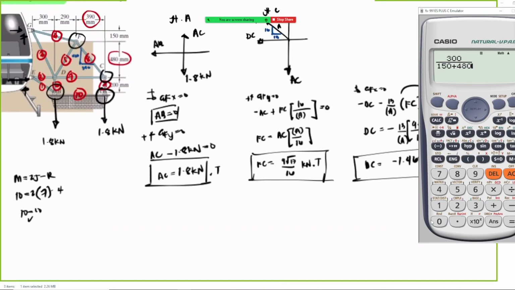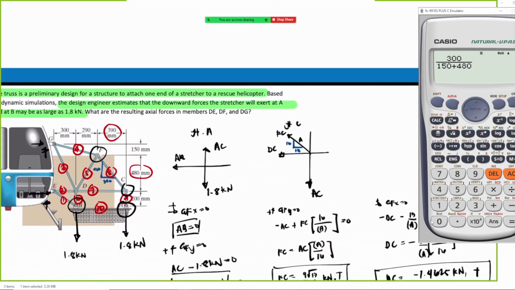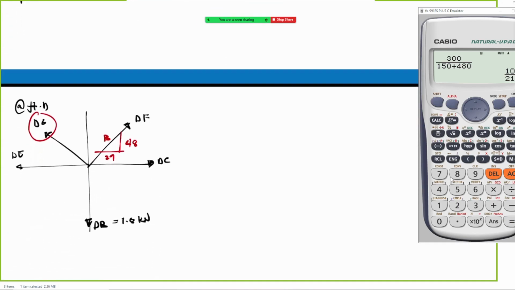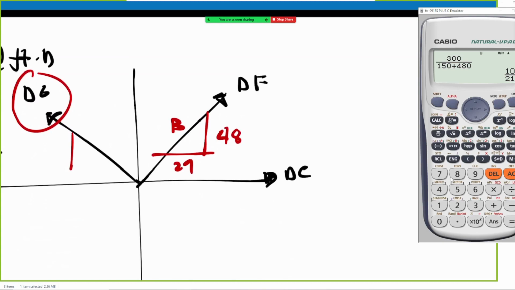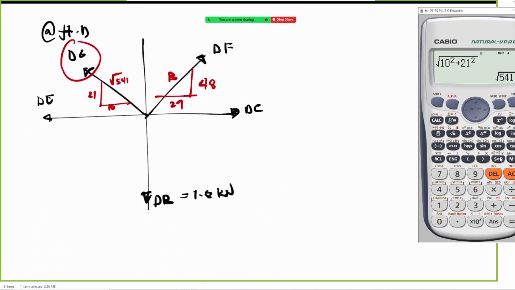Correct? Let me check ulit. Ayan. 480 and 150. So that is 10 and 21. Okay? So ano yung 10 dyan? So 10 is this one and then 21. So 10 squared plus 21 squared. Okay, that is square root of 541 na lang. Square root of 541. Okay?